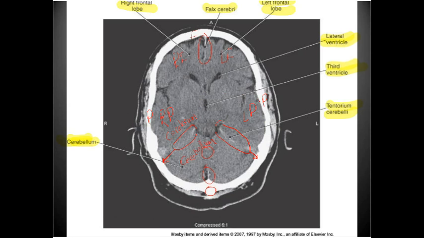In addition to this, we do have the ventricles. We have the third ventricle, and we have these interesting looking structures here that are a tear-shaped area, and this is the lateral ventricle. Sometimes you'll hear this referred to as the horns of the lateral ventricle. All of this is applicable.